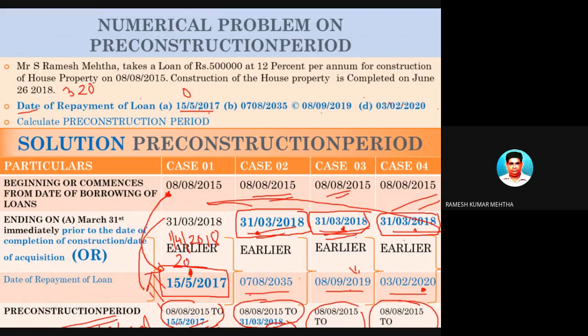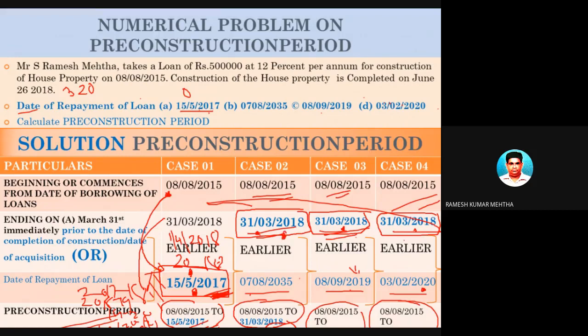Sorry, in this case, this particular house property came in the financial year 2017-18. So 2017-18 one installment, 2018-19 the second installment, 19-20 another installment, 20-21 another installment, and 21-22 is another installment.